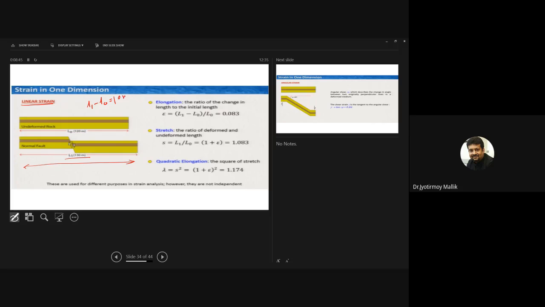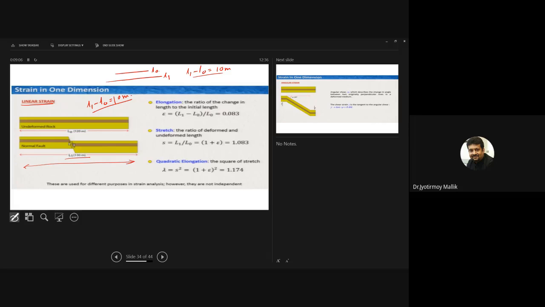Forget about the presence of the normal fault. You can simply think of an L0 length, which after deformation becomes L1. In this case, L1 minus L0 is 10 meter.